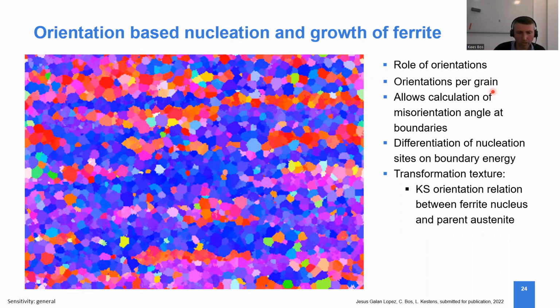Also from previous work, it's known that if you go from austenite to ferrite or the other way around, you will often see one or even more Kurdjumov-Sachs orientation relationships with your nucleus and the parent grains around it. So if you have a triple point where 3 austenite grains meet, you could even have more than one KS relation with some of these parent grains. And we use these selection rules to set the ferrite nucleus orientation. So the nucleus orientation is selected by choosing the best fit with the neighboring austenite grains.